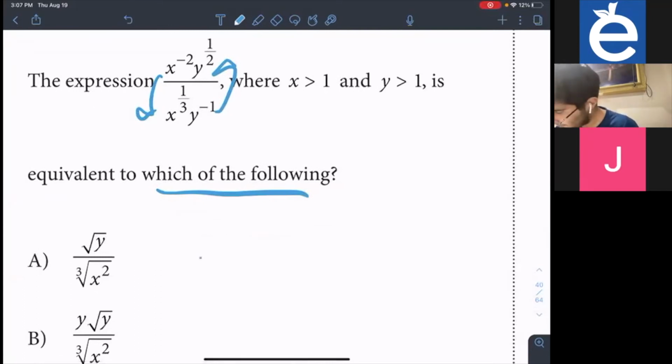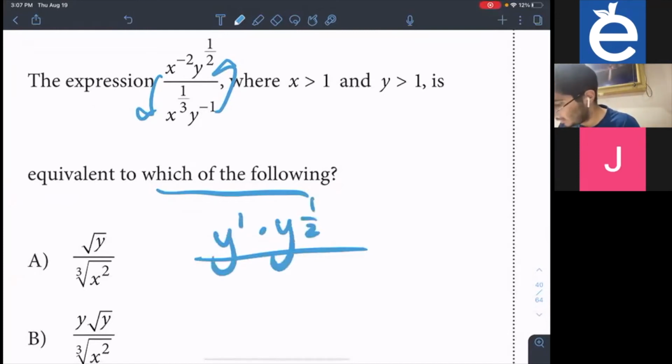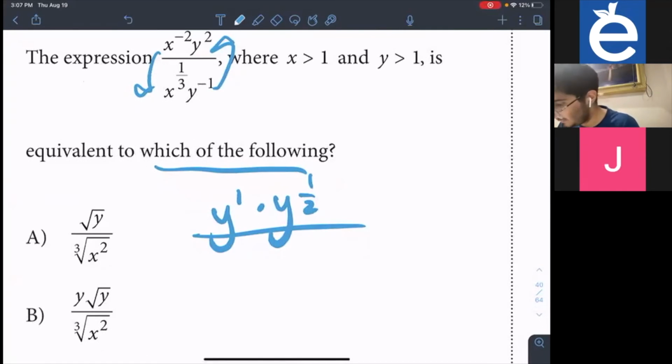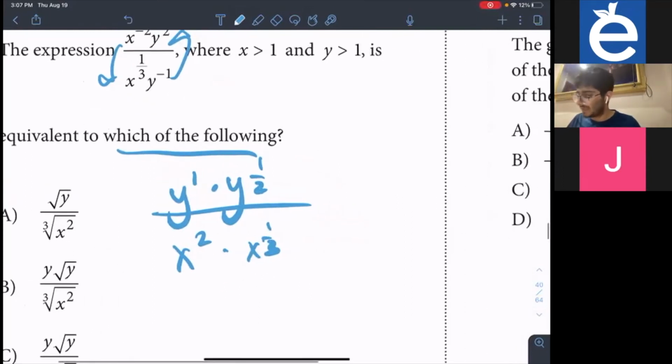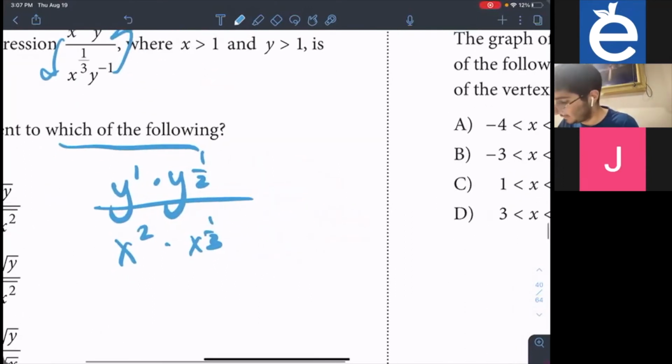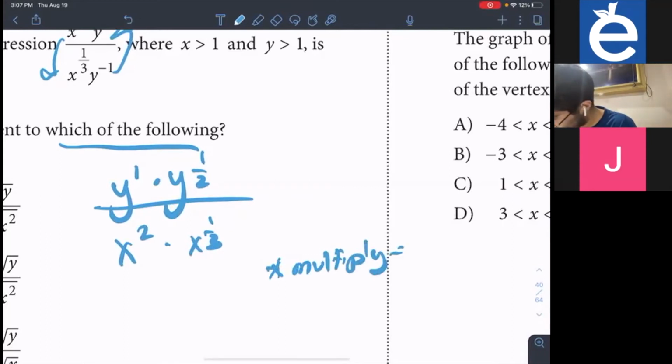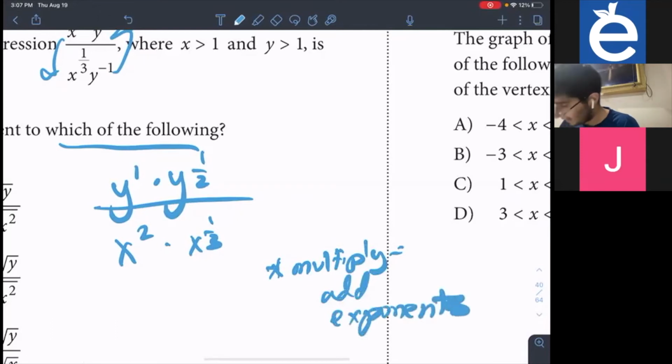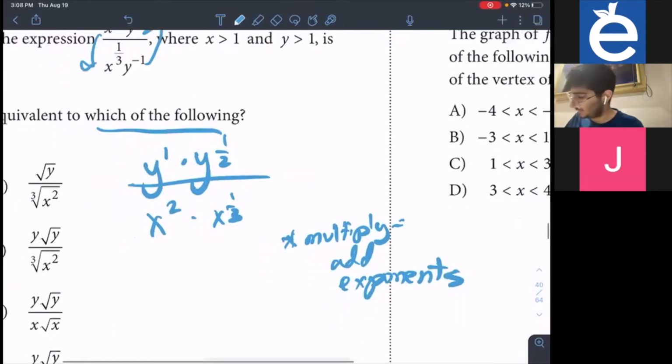If you bring y to the top, it becomes y to the +1 times y raised to the 1/2, over x squared times x raised to the 1/3. When you multiply exponents with the same base, you add exponents.